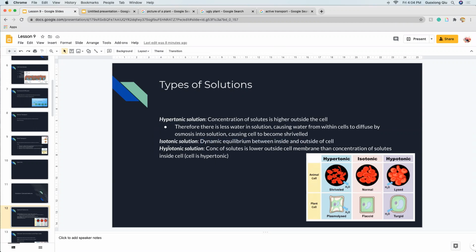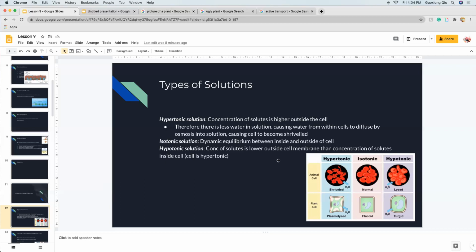Now, hypotonic solution. This is the opposite of a hypertonic solution, where in a hypotonic solution, the concentration of solutes is lower outside the cell membrane than the concentration of solutes inside the cell.